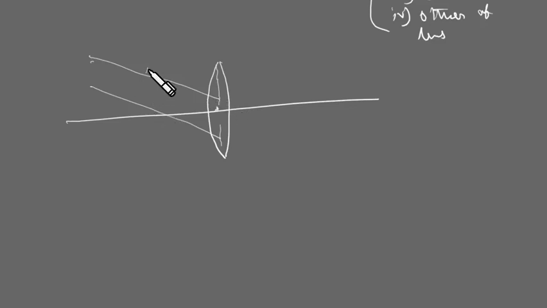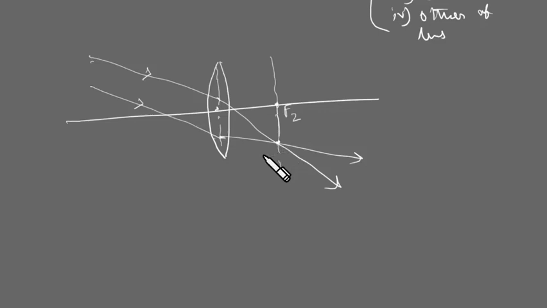In such cases, where the ray of light comes from an infinite distance, a parallel beam of light also converges to a point. Let's say this is my focus f2. They will also meet at a point and form the image.